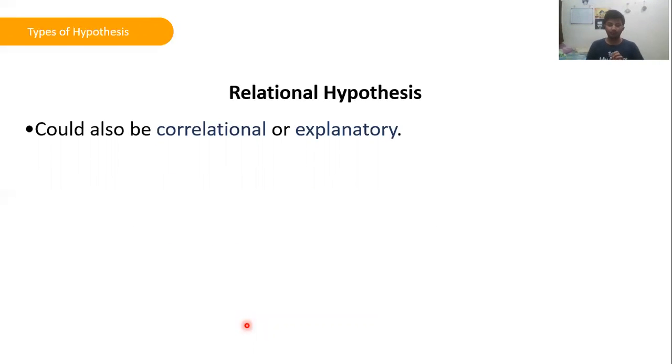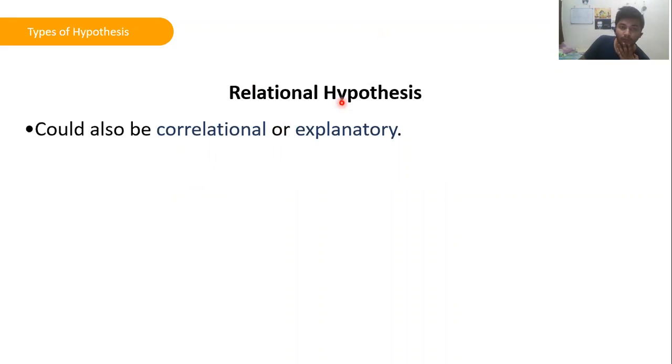Next, a relational hypothesis could also be correlational or explanatory. Again, the types all have everything in their name. Correlational is just a relation between the two variables. Yes, tell me.